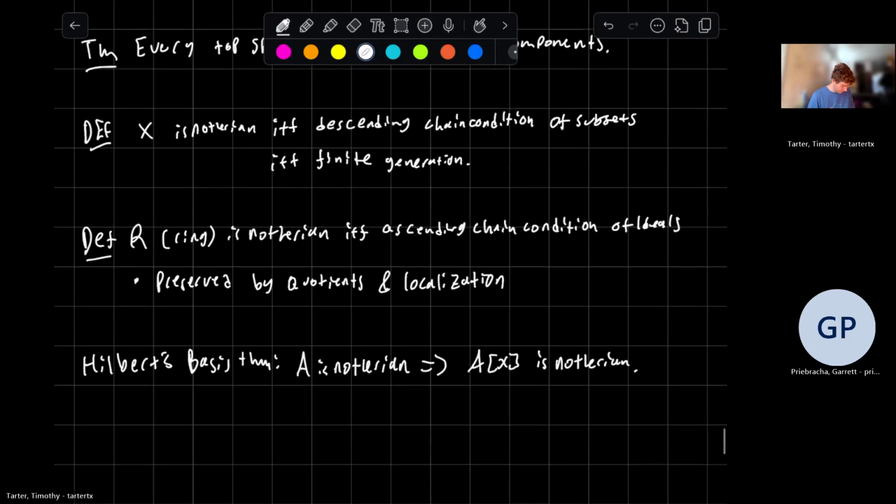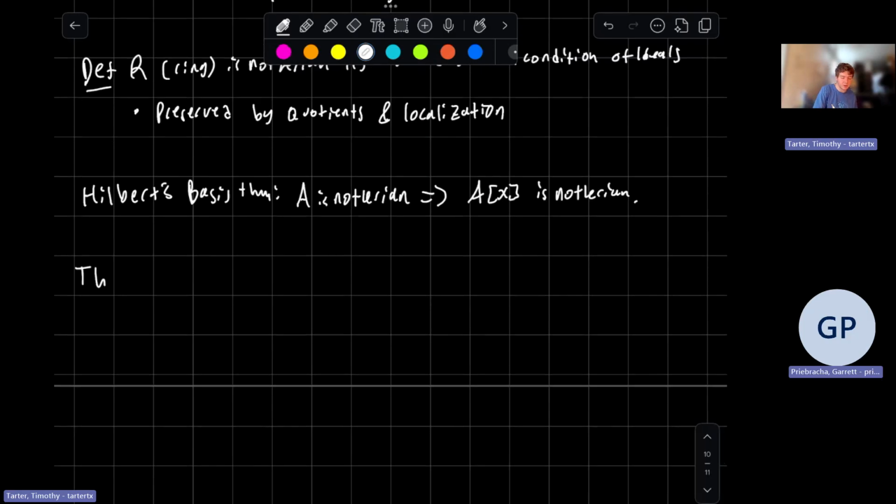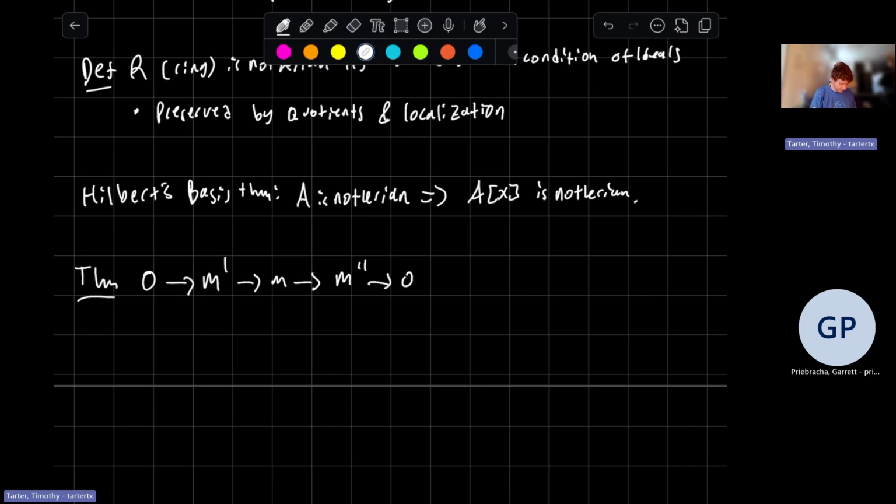The same definition holds for A-modules. So an A-module is Noetherian if it satisfies the ascending chain condition for submodules. The really interesting theorem that's new in this section is that exactness of 0 to M' to M to M'' to 0 implies that M' and M'' are Noetherian if and only if M is Noetherian.